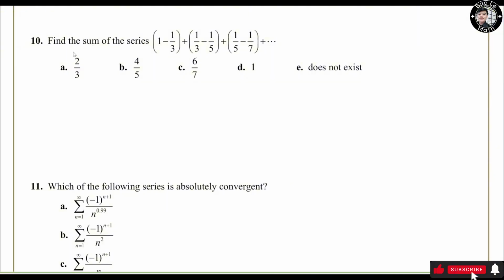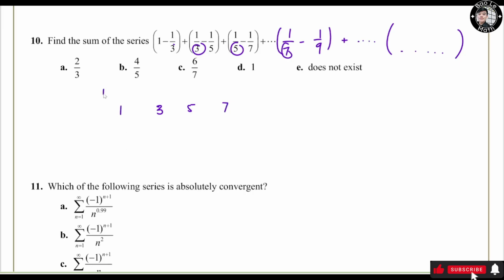Now, question 10. Find the sum of the series 1 minus 1 over 3 plus 1 over 3 minus 1 over 5, etc. If we keep doing this, it turns out to be 1 over 7 minus 1 over 9, plus etc. Now, we need the general term right here. So how do we find the general term? We look at this right here: 3, 5, 7, and we have 1 right here.